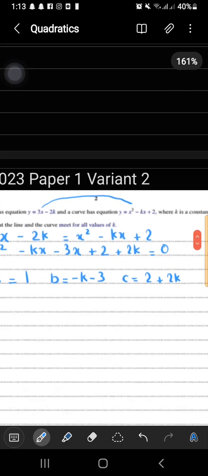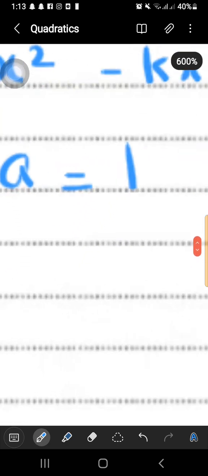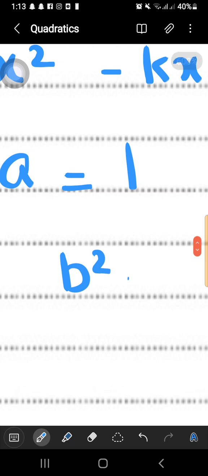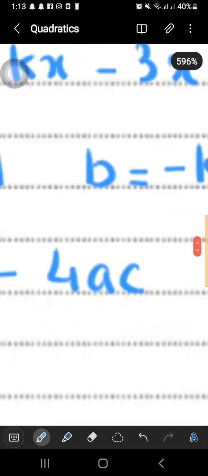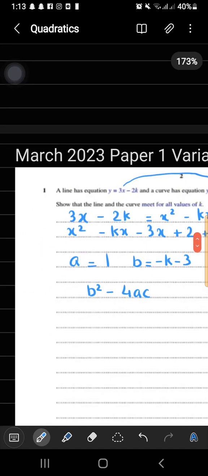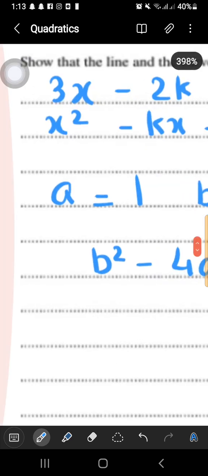Now here we have to apply the discriminant. What is the discriminant? Discriminant is b square minus 4ac. We just have to put these values into the discriminant and we can show that it meets at all values of k.